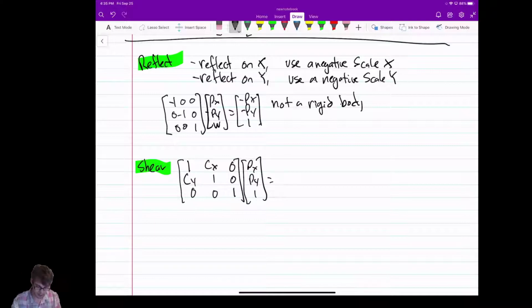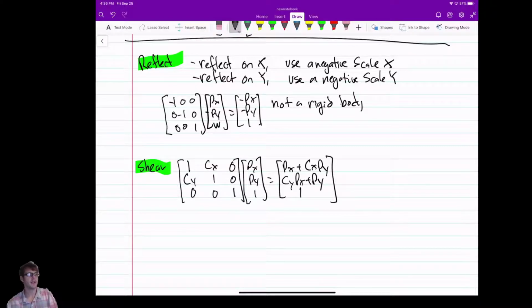So this one becomes 1, so it's px plus cx py times plus 0. So you're taking a regular point, but you're adding some of the y value to the x. And then the py becomes cy px plus py. And then the last one doesn't change. So that's how shear works, and it's not rigid body. I'll tell you now, nobody uses shear.